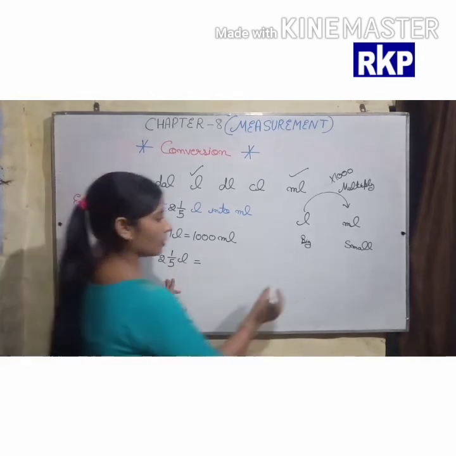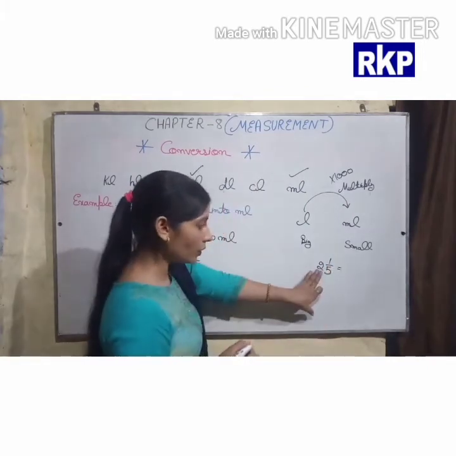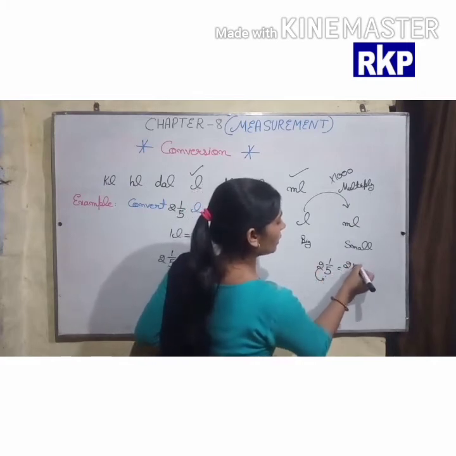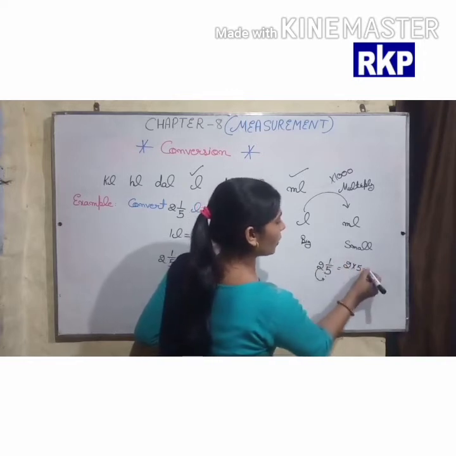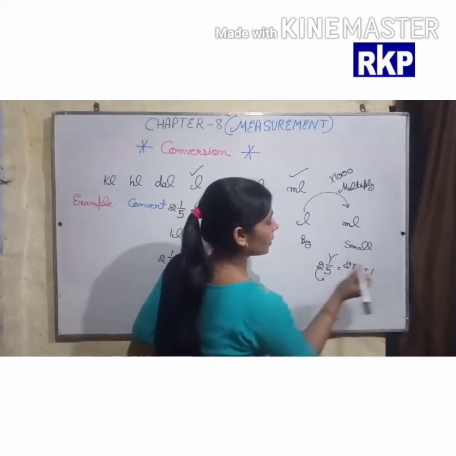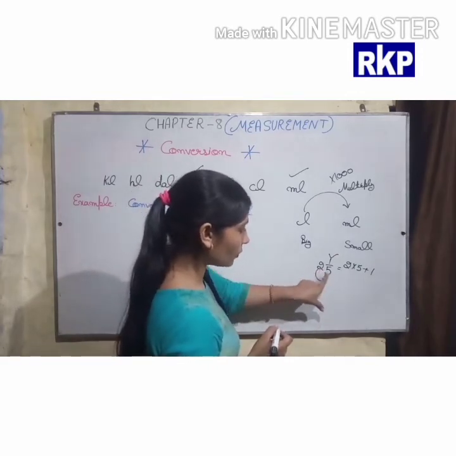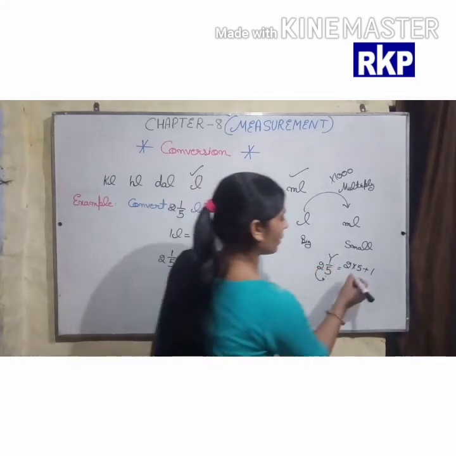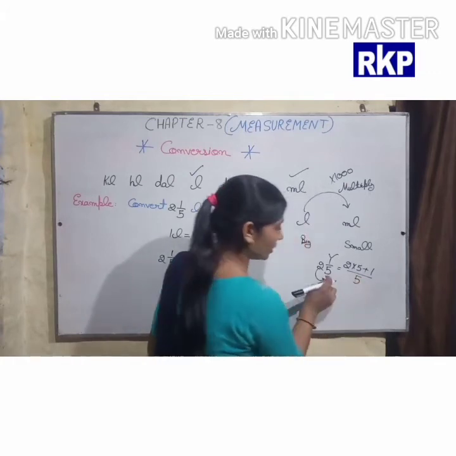Let us see. 2 and 1/5, we have to multiply 2 with 5, and now we have to add this numerator. Okay, we have to multiply this 2 with 5, and then we have to add this numerator, and as a denominator we have to write this denominator.